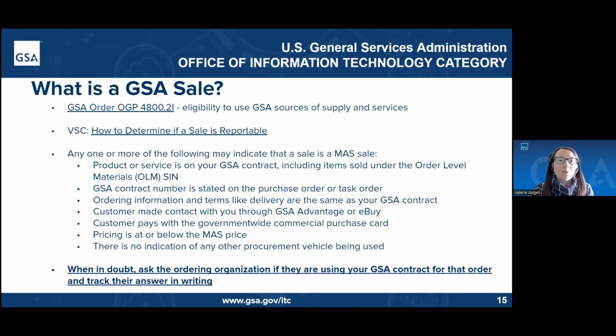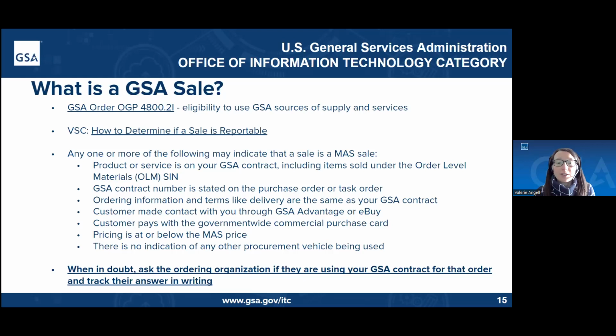All right, next we'll cover what is a GSA sale. It seems like a simple or silly question, but it can sometimes get complicated. And this is a common question that can come up for new vendors, especially. The first bullet point here gives a link to the GSA order OGP 4800.2i, and this order clearly defines which organizations are eligible to buy off of your GSA MAS contract.